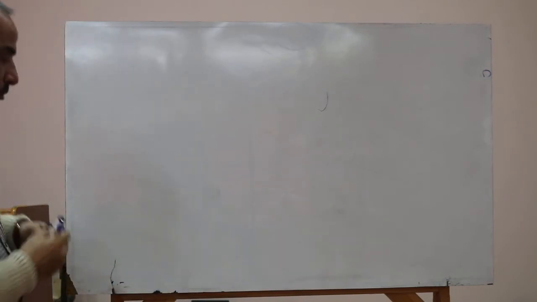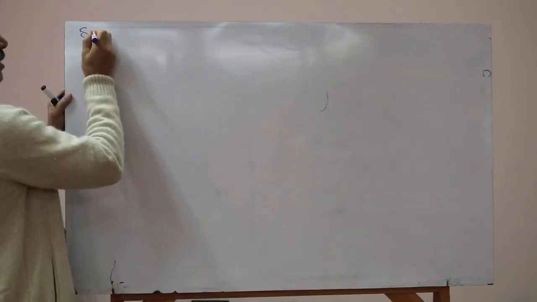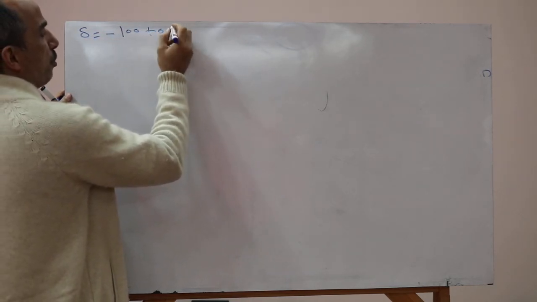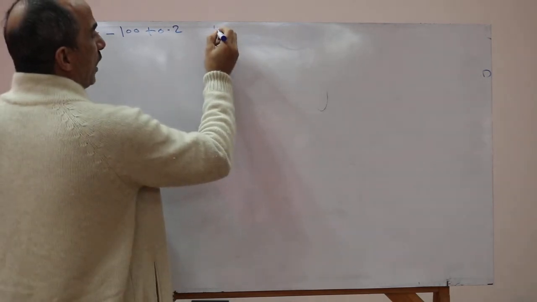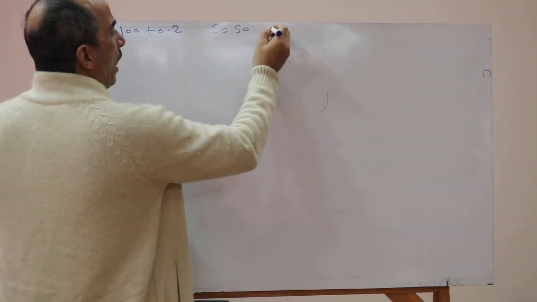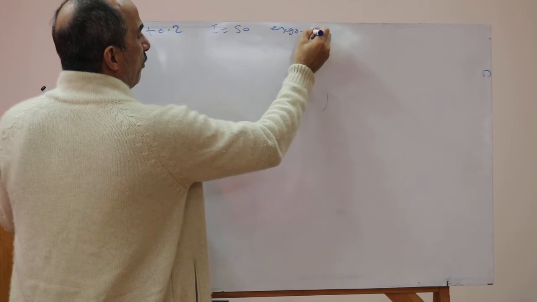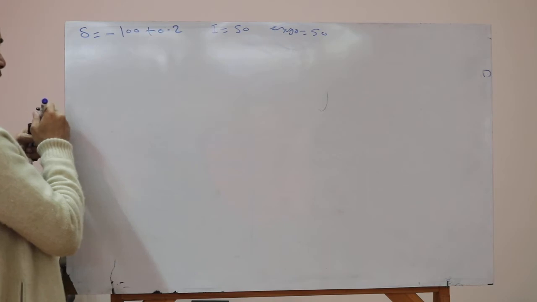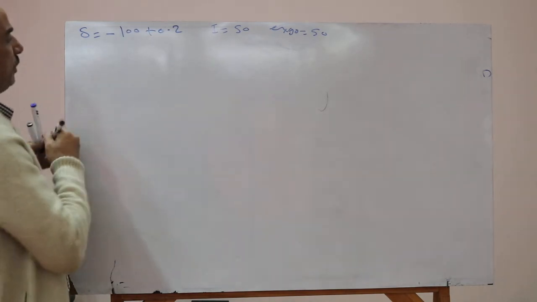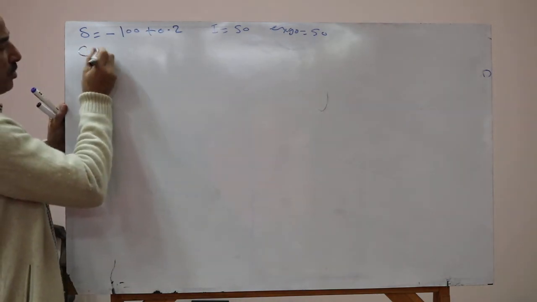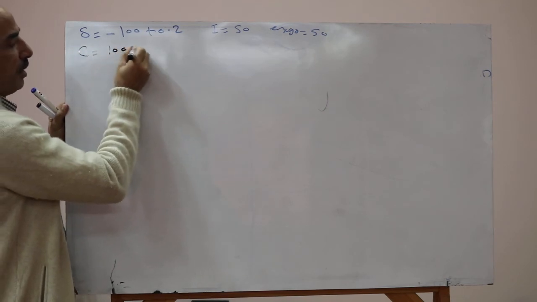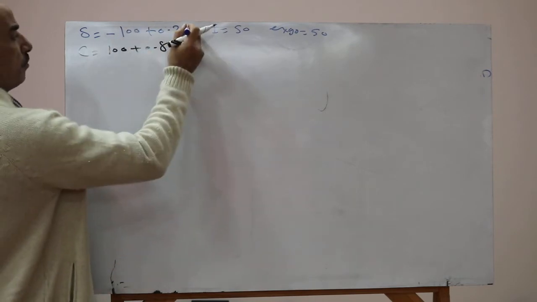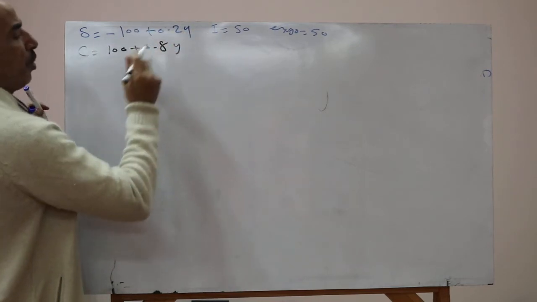Consumption equal 100 plus 0.8Y, investment equal 50, government expenditure equal 50. What is the national income? The first step, the consumption function, 100 plus 0.8Y. Okay.